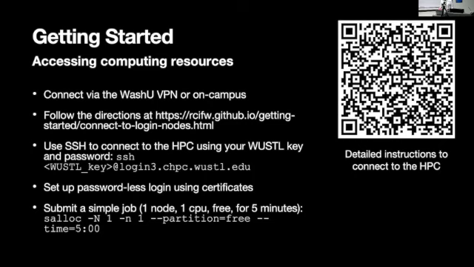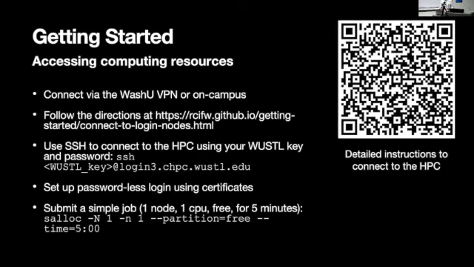But this is at rcifw.github.io/getting started, ssh/connect2loginnodes.html, to be extremely descriptive. So you can use SSH to connect to the HPC. You use your WSDL key and your WSDL password. And essentially you open up a terminal on your laptop, or if you have a Mac, that's pretty easy to do.